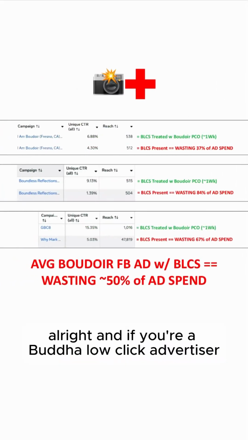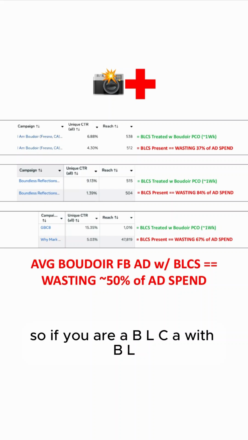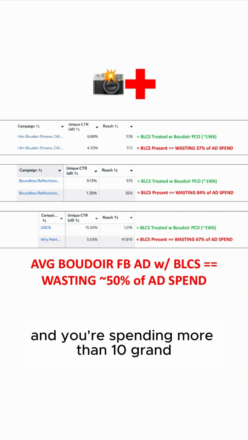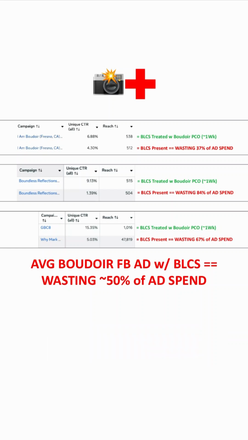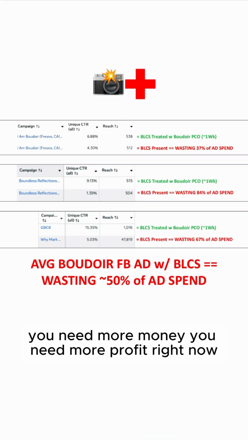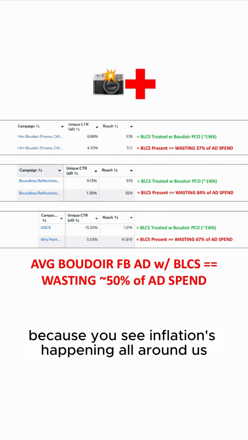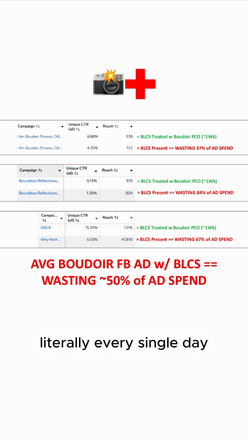All right, and if you're a boudoir low-click advertiser with boudoir low-click syndrome, so if you are a BLCA with BLCS and you're spending more than 10 grand a month on boudoir Facebook ads, and you've decided you've got to pull more efficiency out of the business right now, you need more money, you need more profit right now, because you see inflation's happening all around us, you see more women becoming boudoir photographers literally every single day.